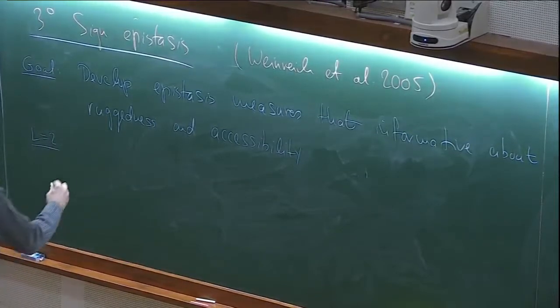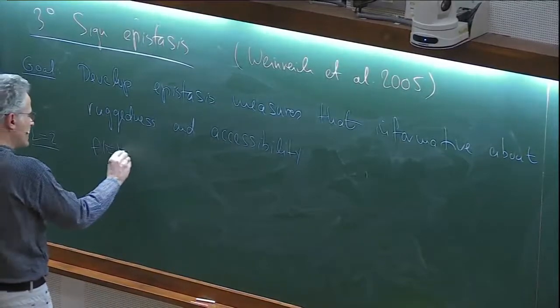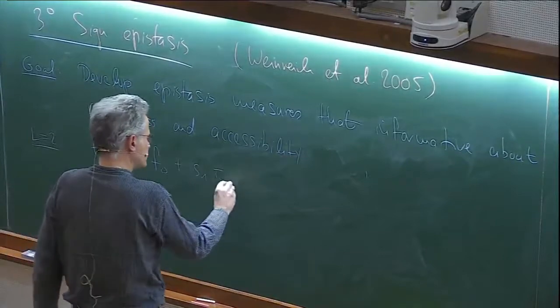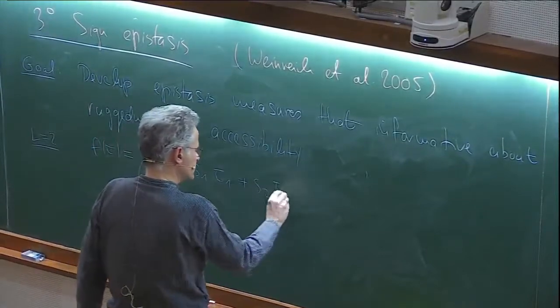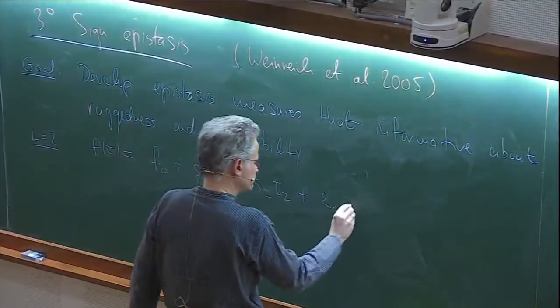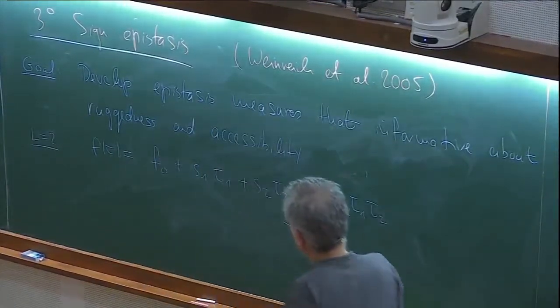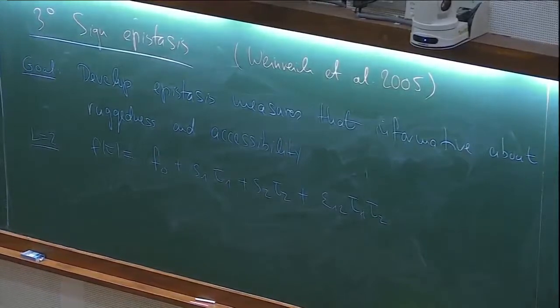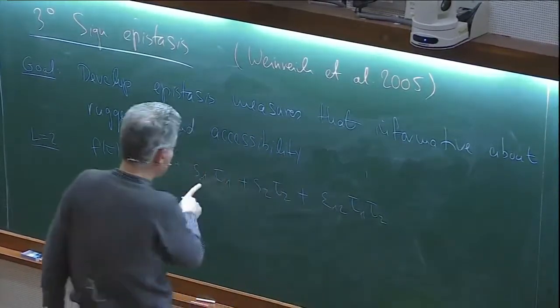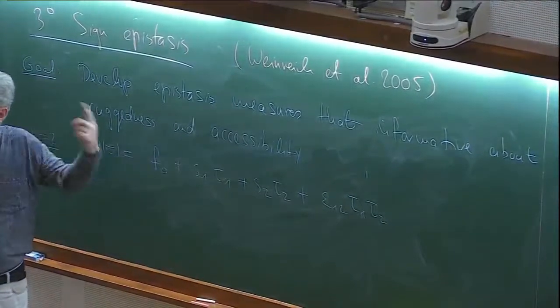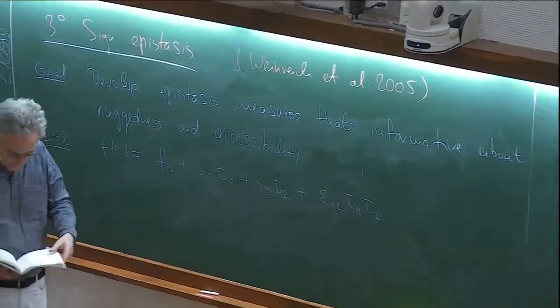For the case of two loci, we have this simple representation of the fitness landscape in terms of the selection coefficients and the epistasis, right? And again, I'm using the tau representation here. Now we'll ask the following question. If I do the first mutation on the wild type background, its effect will be S1. But of course I can also do the first mutation on the background of the second one.